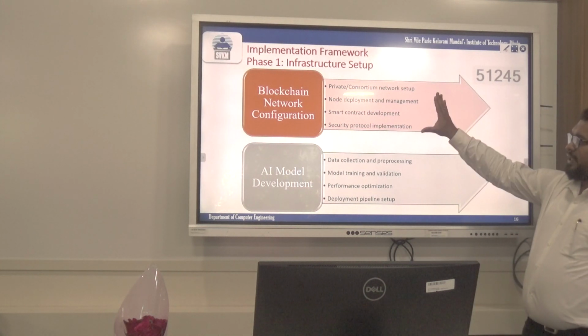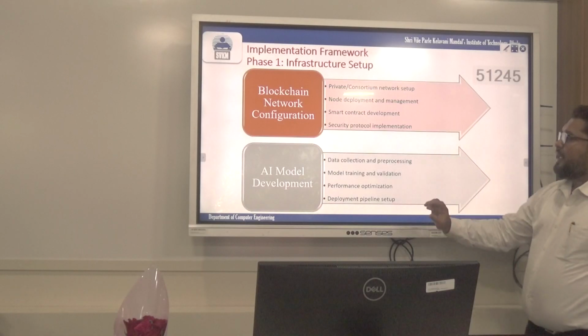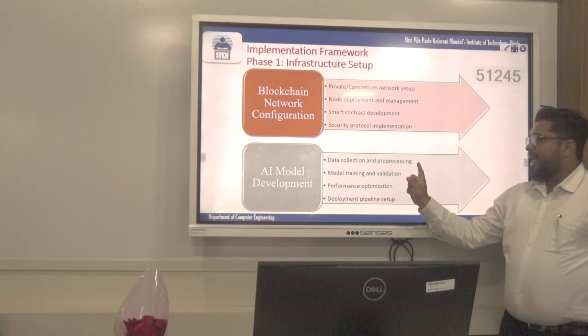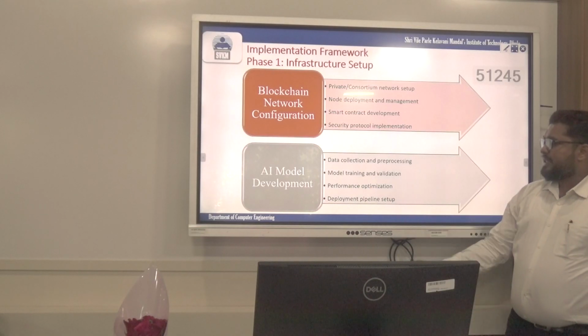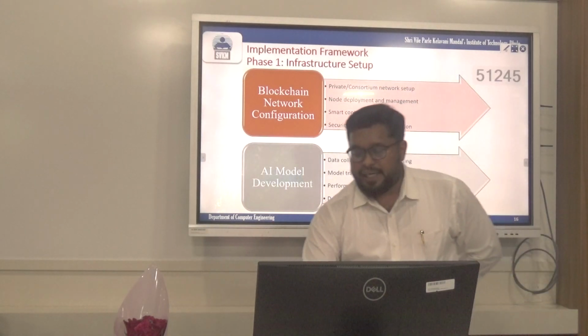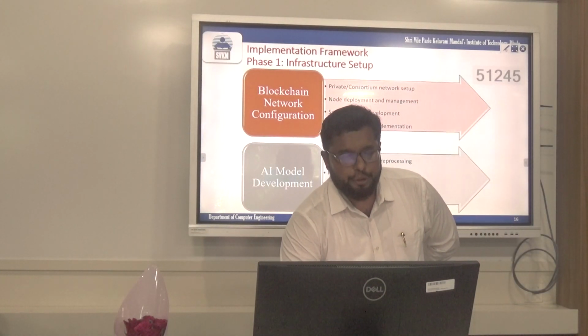After this we require the AI model, which has data collection and pre-processing, model training and validation, performance optimization and a deployment pipeline. So these will create our module number 1 and module number 2.